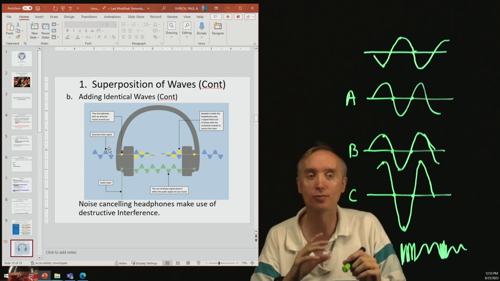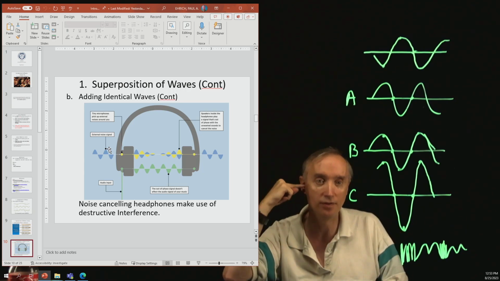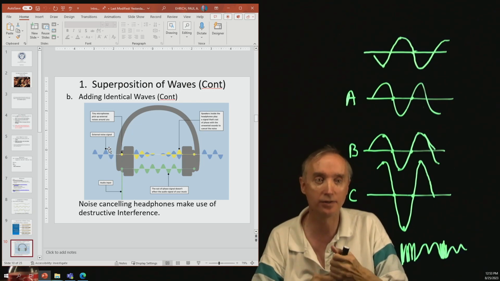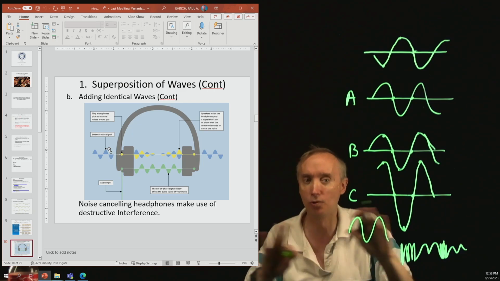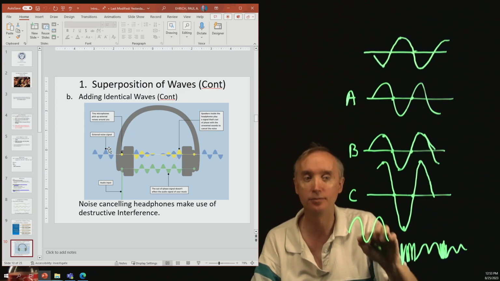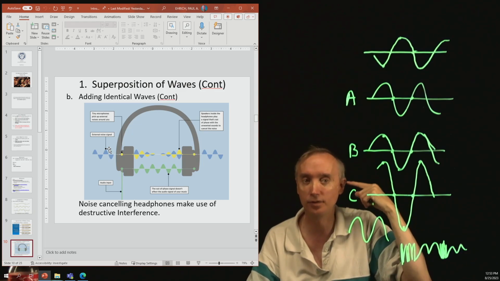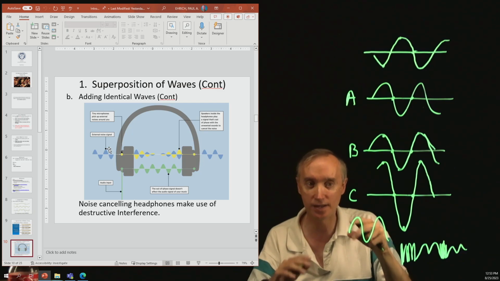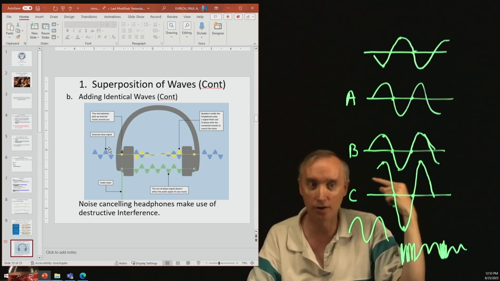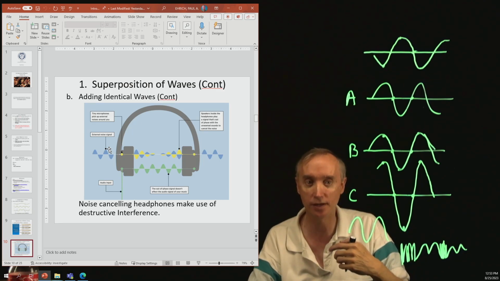So let's just represent the noise that's coming into this ear as a simple wave. Now it's got to be more complex than that, but let's just represent it like this. So what the noise canceling headphones does is it takes that noise, and for this ear over here, it flips it upside down.